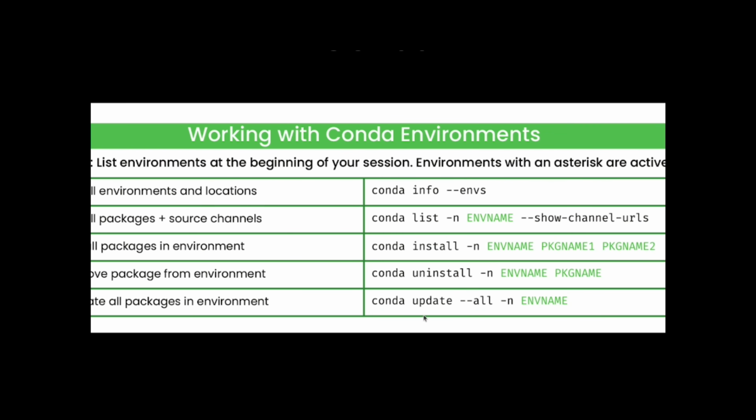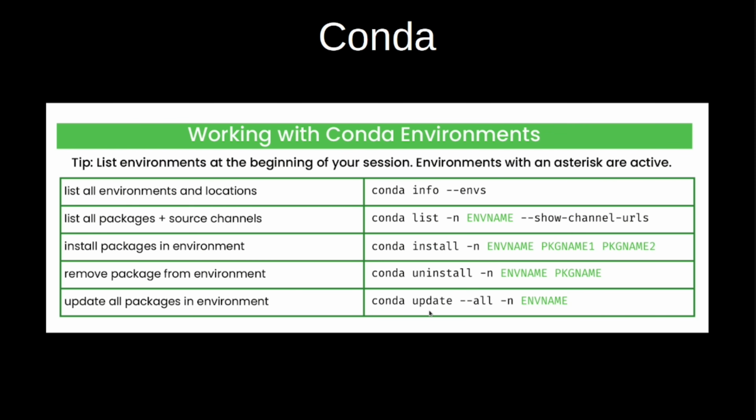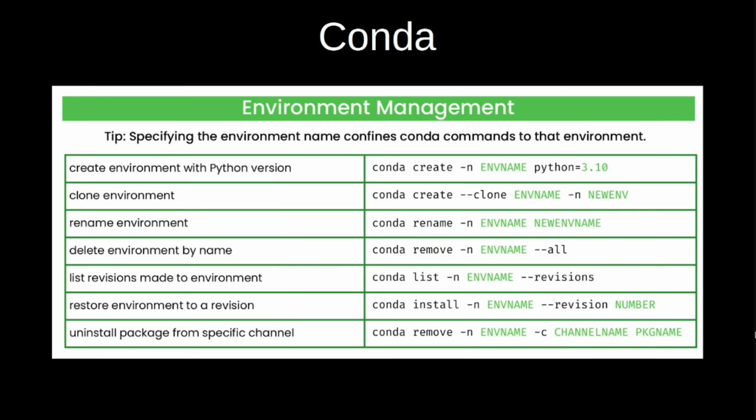So these are examples of commands and subcommands of Conda for working with Conda environments when they are not in the activated state. And now let's see some other commands for working with the environments themselves, so for working with environment management.